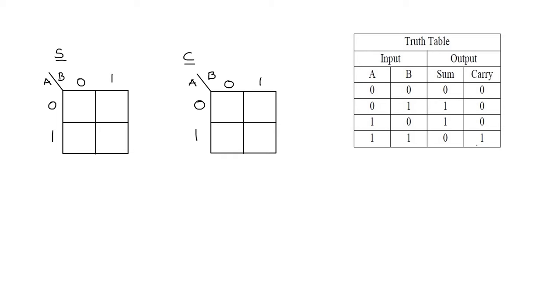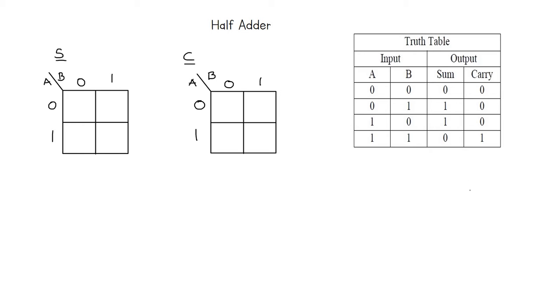Now let's obtain a digital circuit for half adder. To obtain the digital circuit of the half adder, first we need to obtain the expressions for sum and carry. And we can find out the functions of sum and carry using the k-maps. To plot k-maps, we need to find out at what states of the inputs A and B the sum is high.